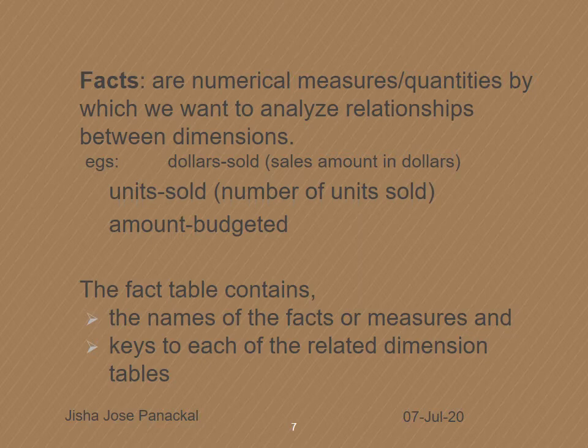The fact table will contain two things: one, the name of facts or measures, here dollars sold, and there will be keys to each of the related dimension tables. Always the fact table will be related with one or more dimensions, so that should be represented in a fact table using keys.